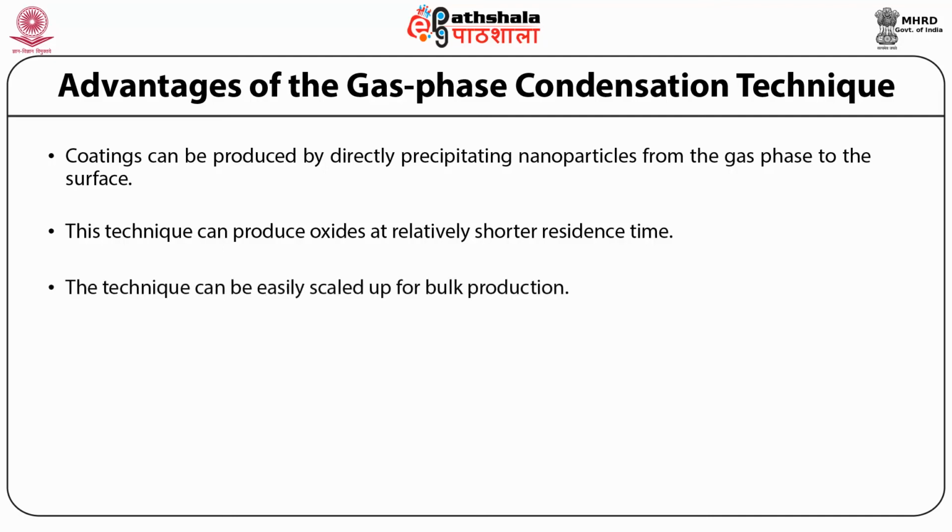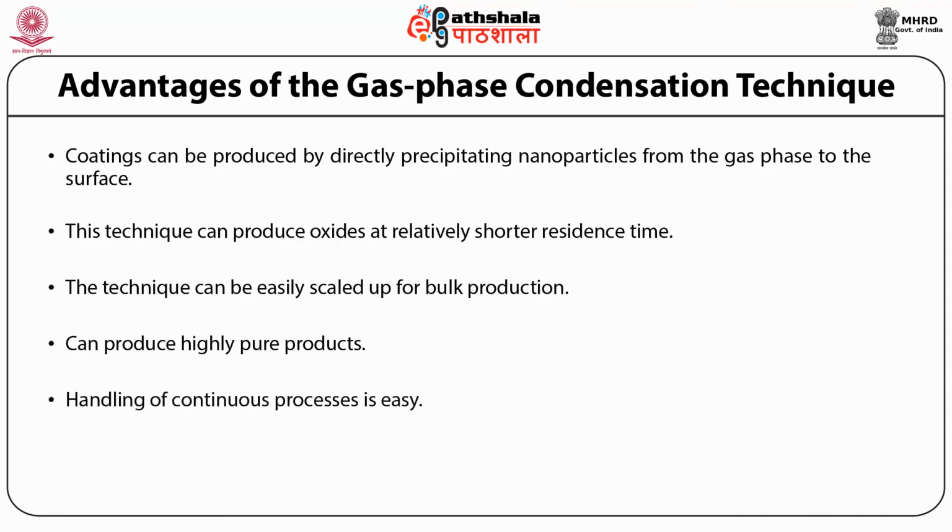Third, the technique can be easily scaled up for bulk production. It can produce highly pure products. Handling of continuous processes is easy. Also, the temperature stability of the products in the gas phase condensation technique is high.